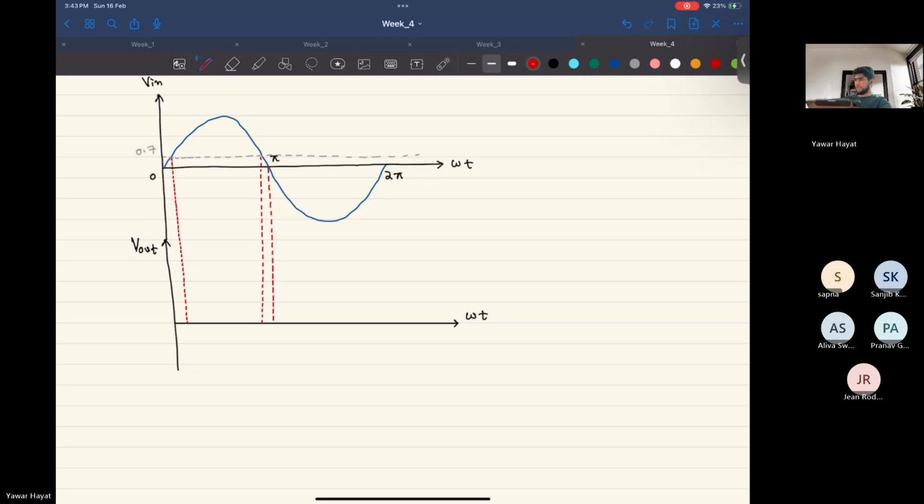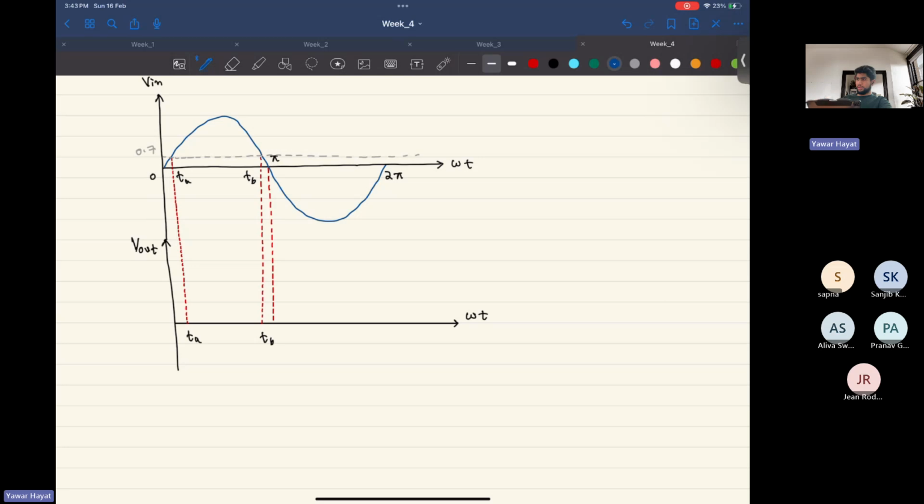Your output waveform would exist only between these two time intervals. Let me name them. If this is TA and this is TB, your output waveform can only be between TA and TB.